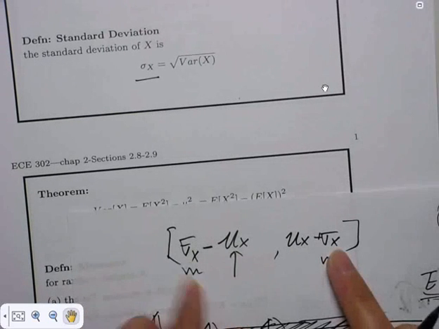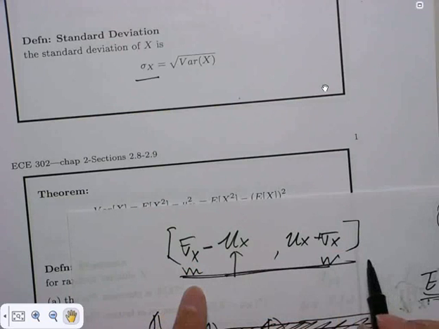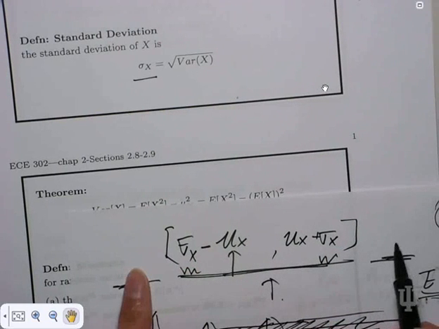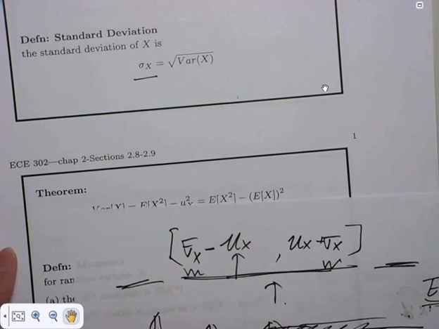So one standard deviation is typical values located here. Any value outside of those is considered unusual. Okay? That's a rule of thumb. What a rule of thumb means in practice: you typically expect things to be within one standard deviation of the mean.